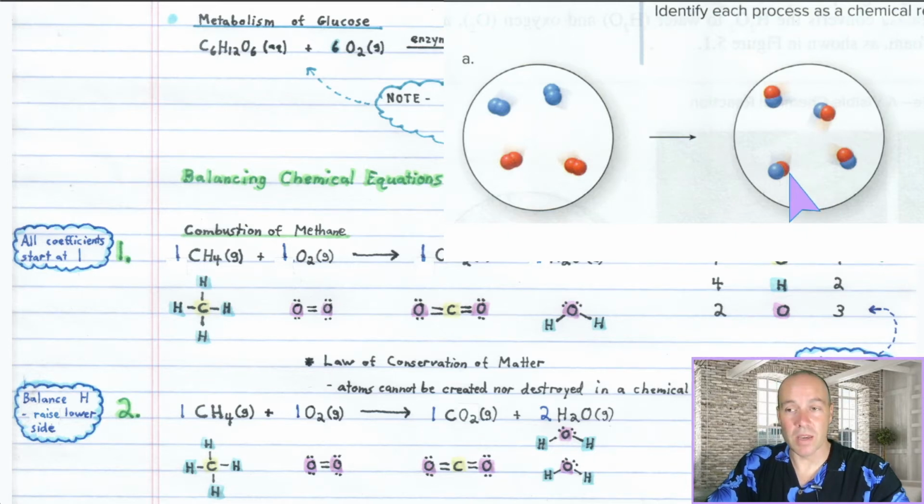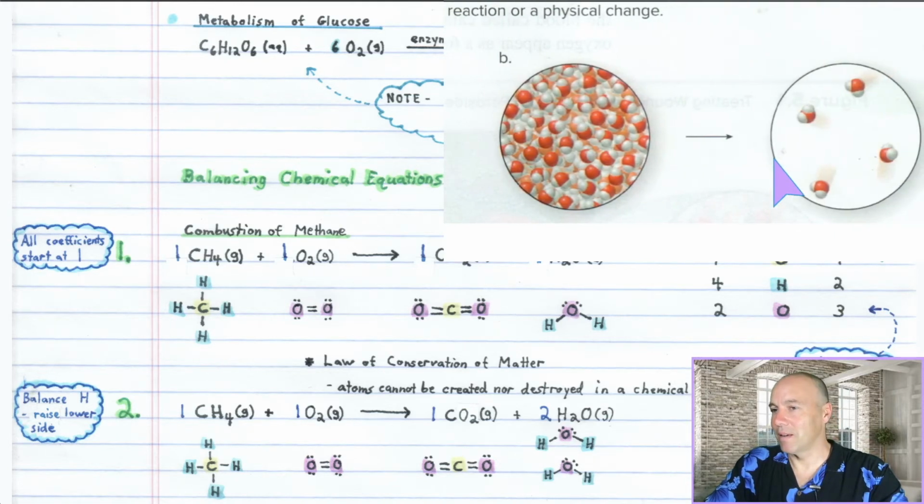It's a chemical change because you have different types of particles, different molecules on the left versus on the right. If you remember, the blue ones are nitrogens and the red ones are oxygens. So this is an N2 molecule and that's an O2 molecule. So you have nitrogen and oxygen converting to form NO. That's nitrogen monoxide. So that's a chemical change.